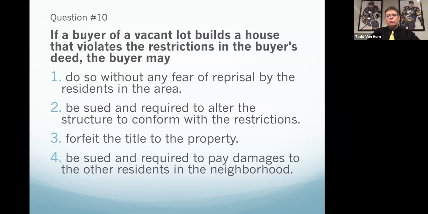Number 4, be sued and required to pay damages to other residents in the neighborhood. Give you a chance to reread that one. That's a mouthful there. Buyer buys a vacant lot, builds a house, violates the restrictions in the buyer's deed. What happens to the buyer, if anything?